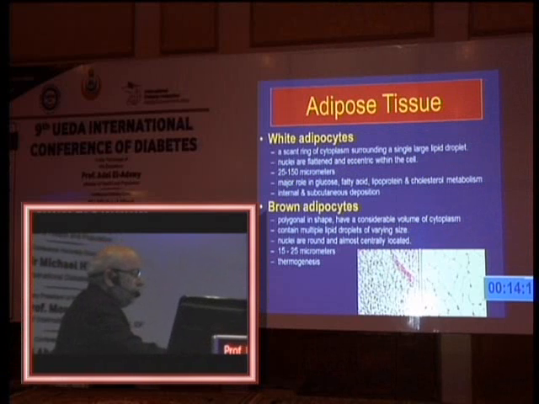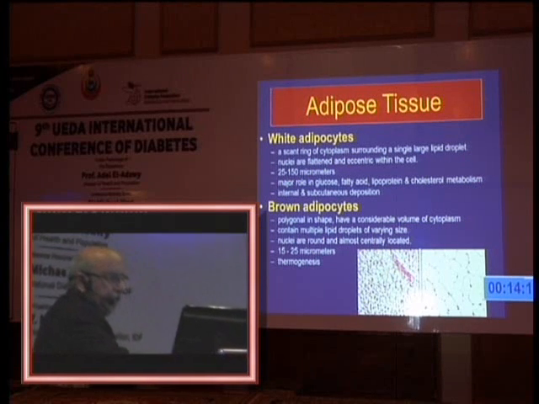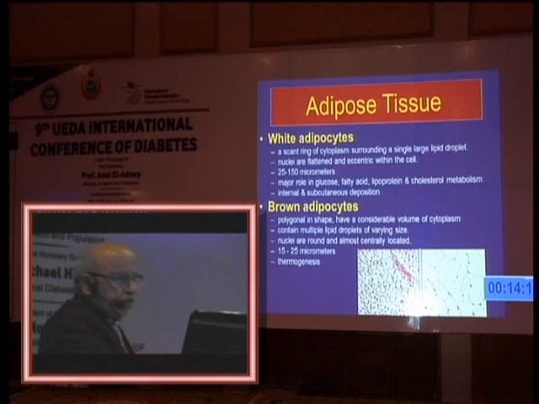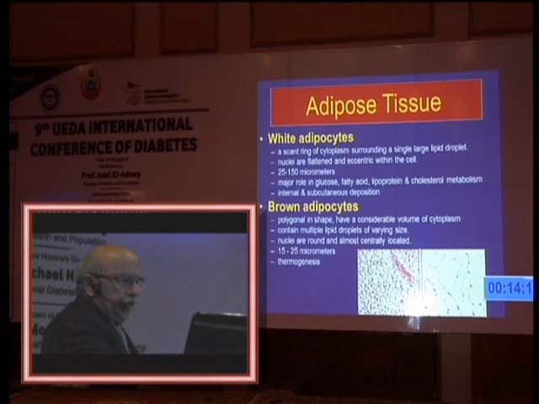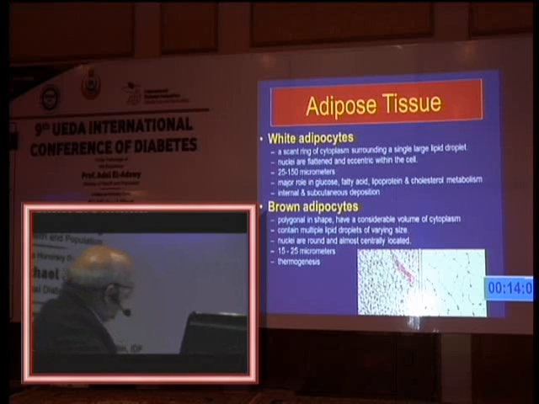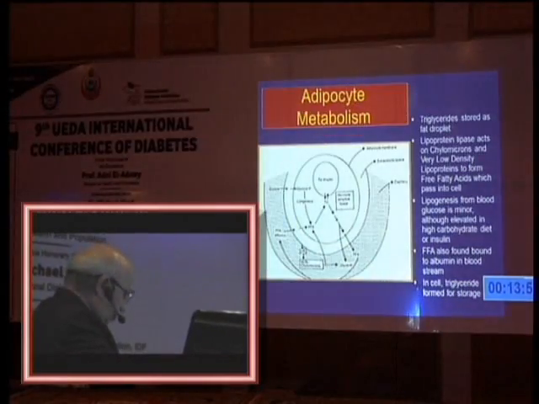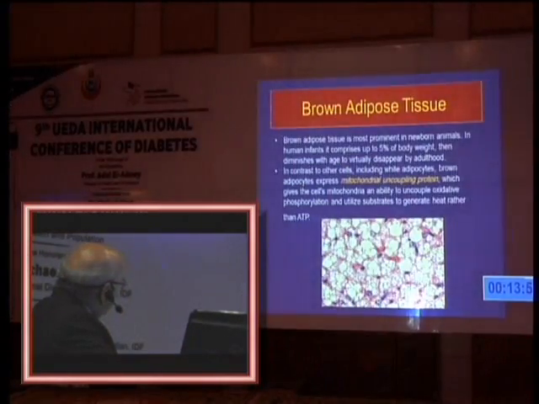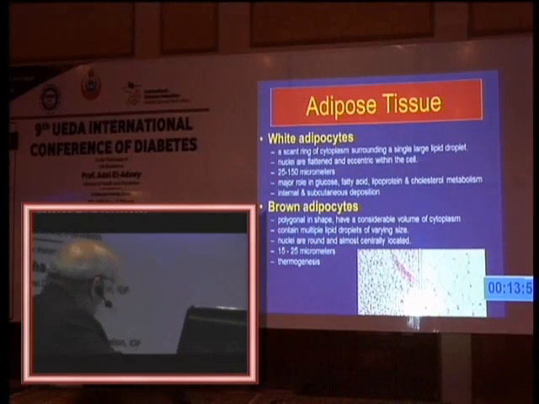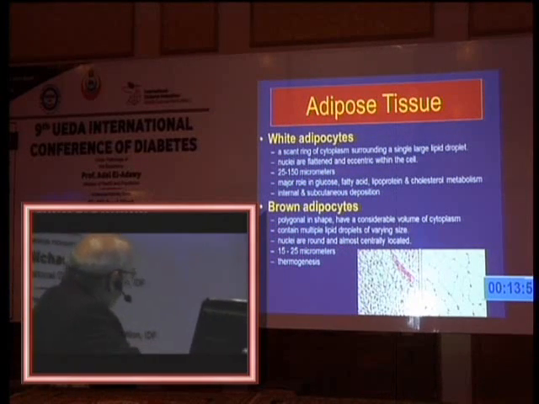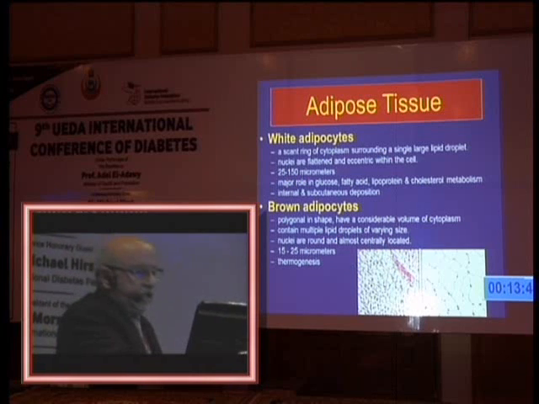I start by saying that there are two types of adipose tissue. One of them, the most common, is the white adipose tissue. As you see, the cells are a scattering of cytoplasm surrounding a single large lipid droplet.